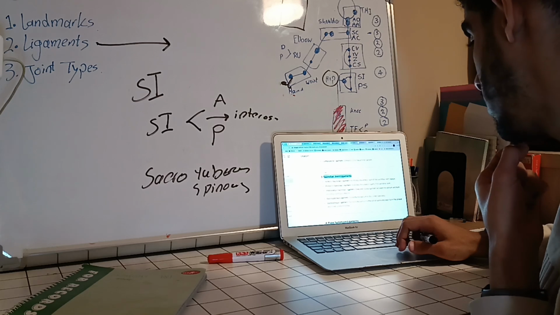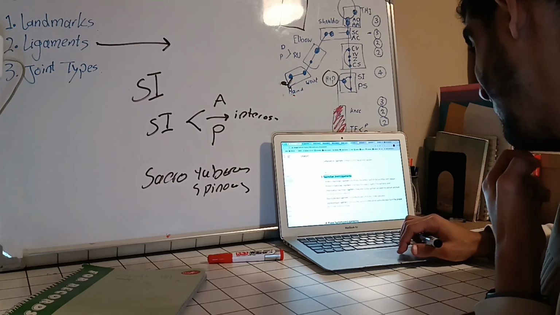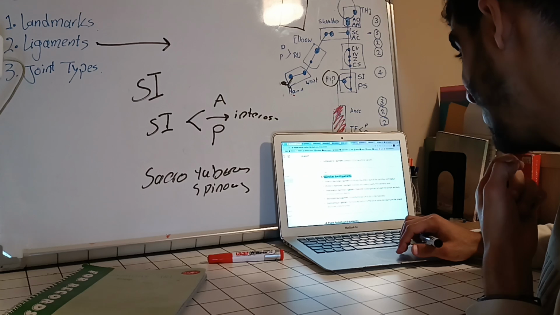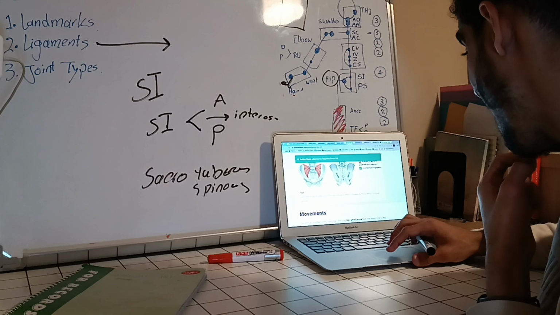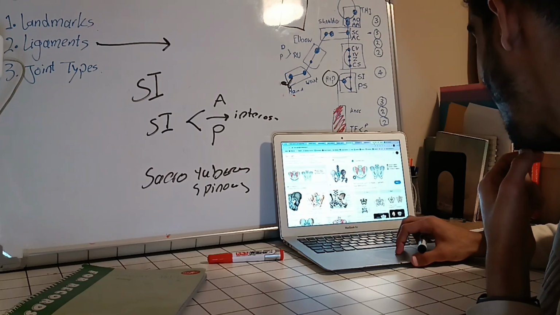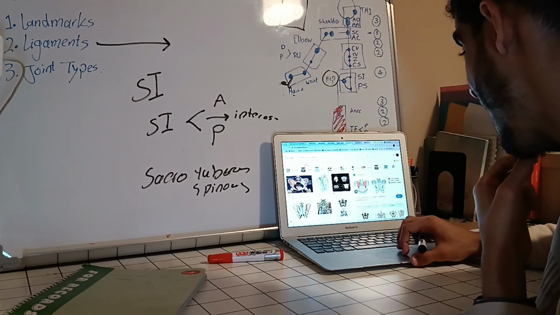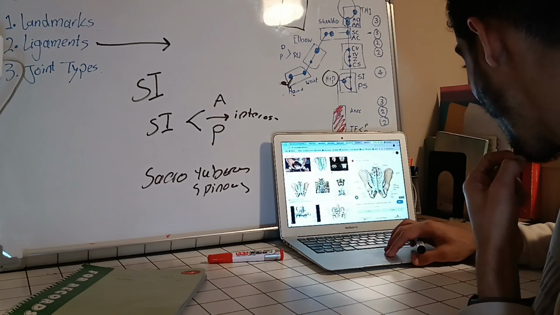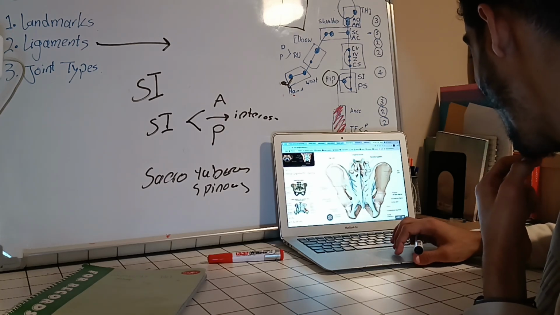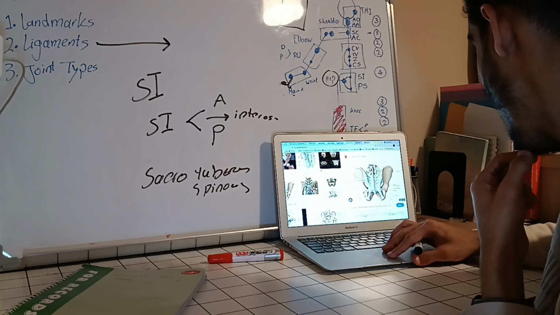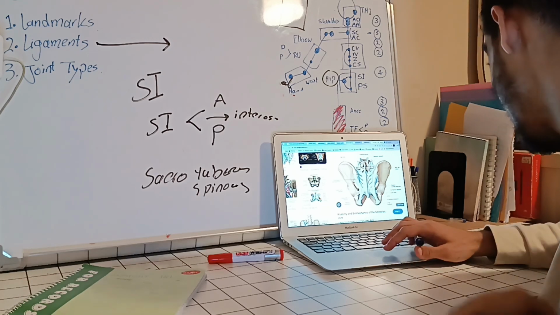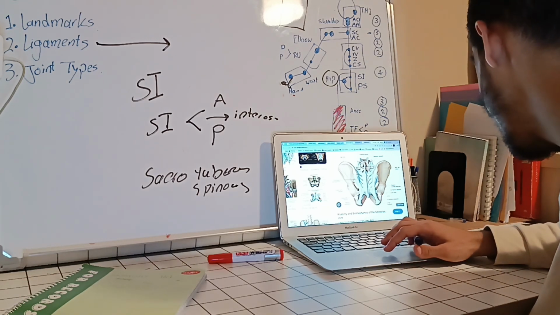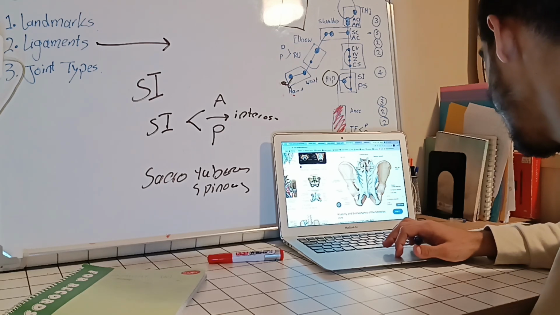The sacrum to the ischial tuberosity, and to the ischial spine. Posterior sacroiliac ligament, interosseous sacroiliac ligament, sacrospinous ligament, sacrotuberous ligament.